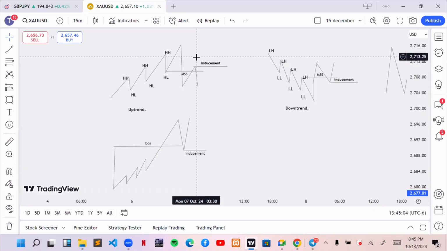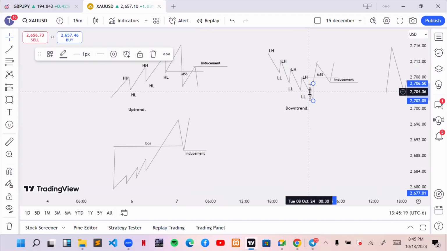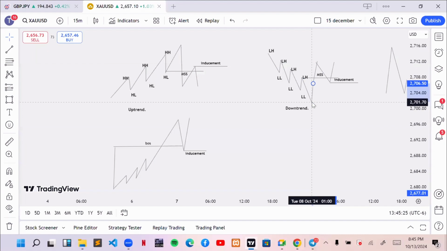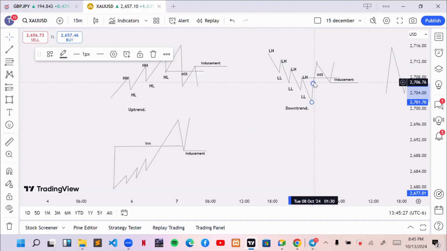Markets will eventually come down or come up to sweep that liquidity. By sweeping it, I mean go out and then go below that liquidity zone and trigger the main point of interest or eventually selling or buying. That is what inducement is. It's a trap in the market, the first valid pullback that the market makes after a market structure shift or a break of structure. So that is the liquidity part of my strategy.